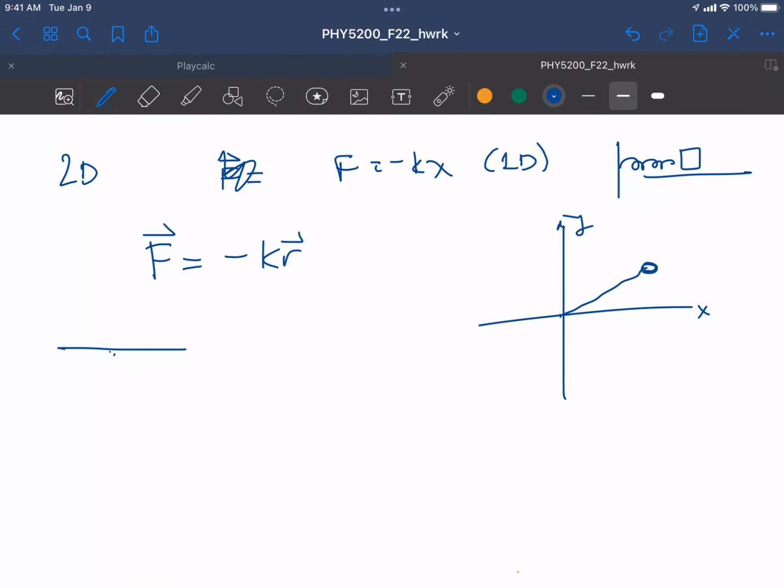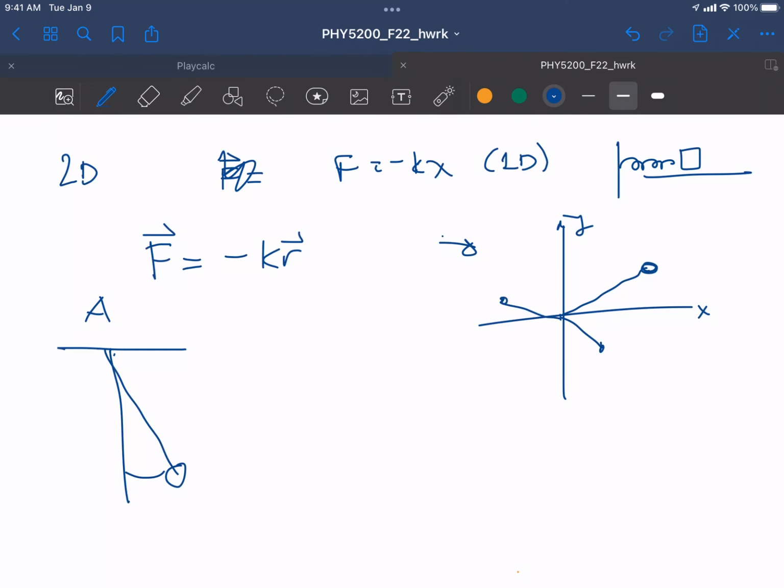And so now I'm looking at it from above. So here's a pendulum, and I can pull it away from its equilibrium point in any direction. I could pull it away this way, or I could pull it this way, or I could pull it that way. All right.